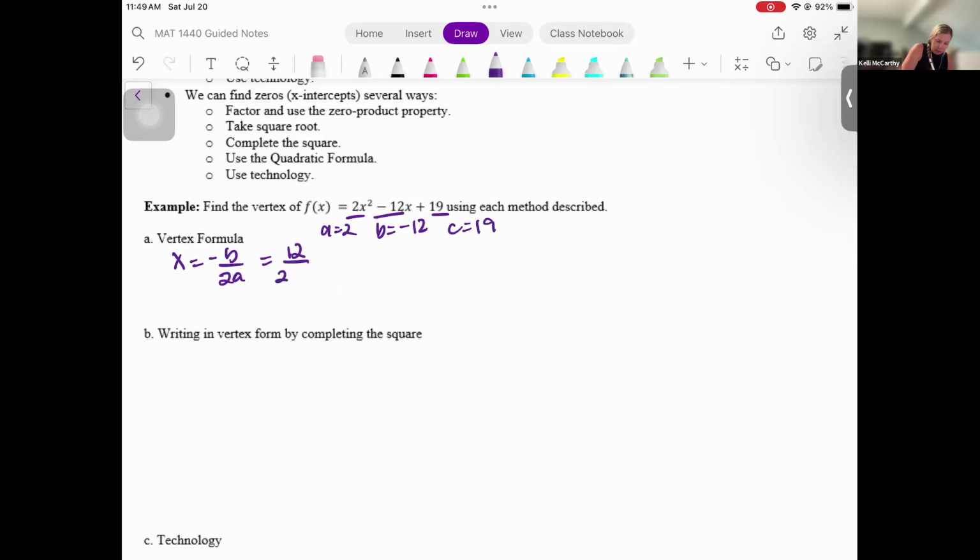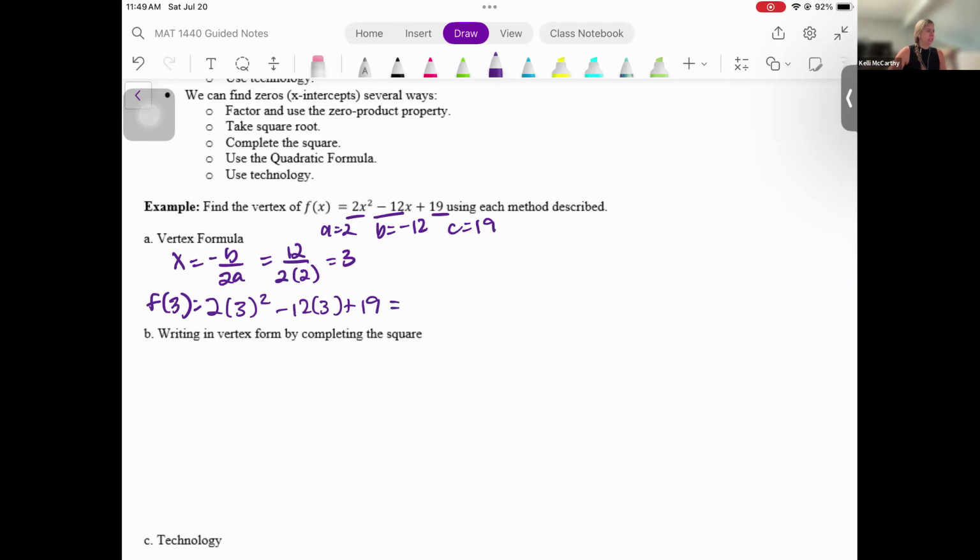So this is going to be 12 over 2 times 2, or 12 divided by 4, which is 3. So the x-coordinate of our vertex is 3. To find the y-coordinate, we're just going to substitute 3 into our function. So we've got 2 times 3 squared minus 12 times 3 plus 19.